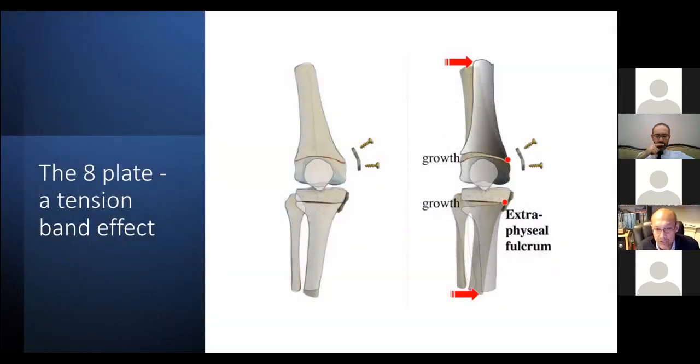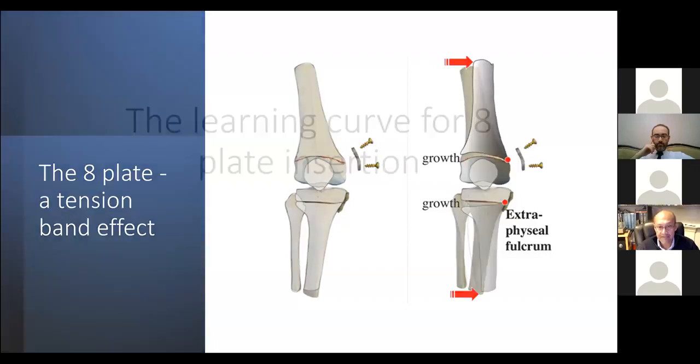By putting a non-rigid device on one side of the physis, and this is the key, it was able to influence growth without fatigue fracture. Because this device was flexible, it allowed some separation or distortion of the implant as the growth occurred, but the growth was much less fast than the opposite side, and so created a hemiepiphysiodesis effect.